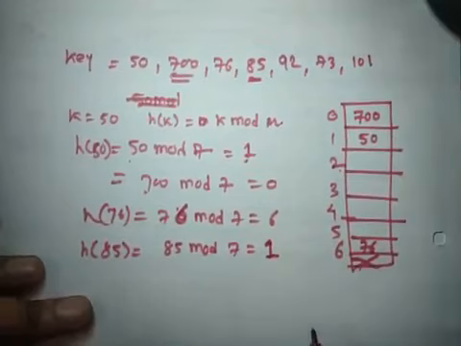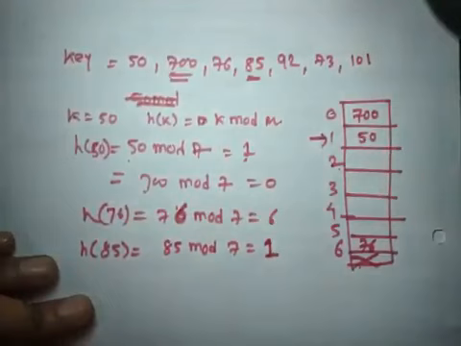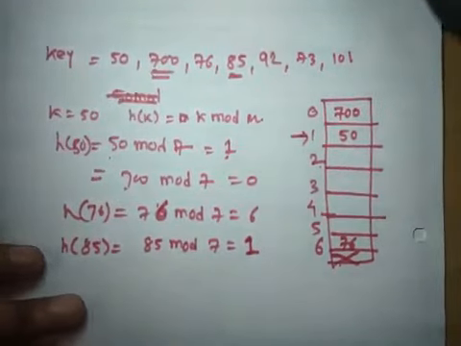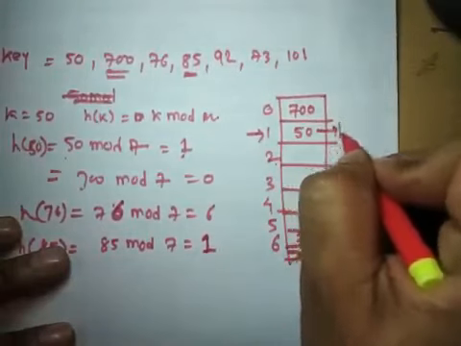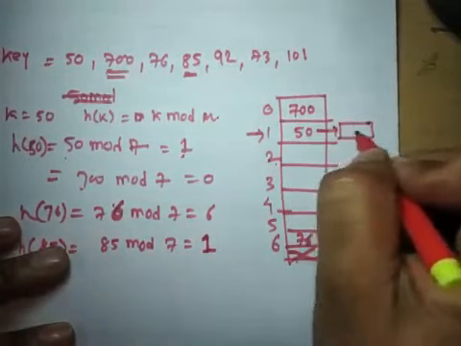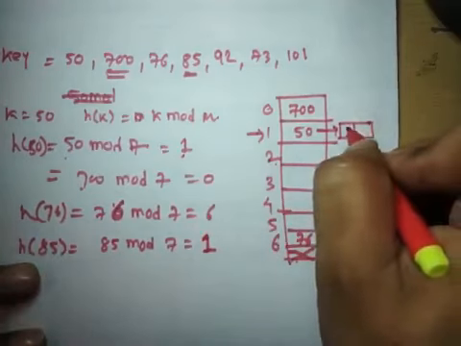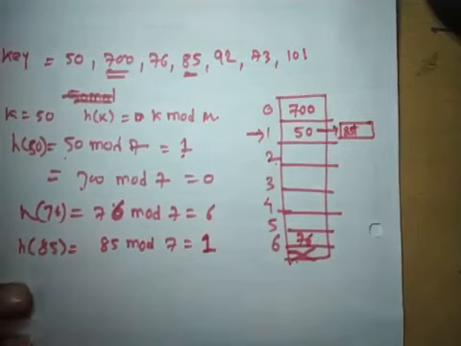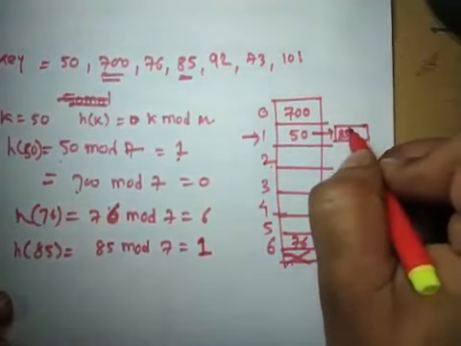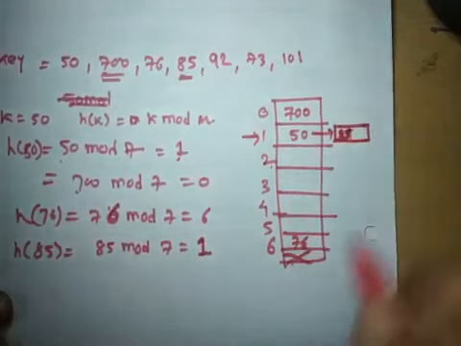85 mod 7 will produce 1, but at index location 1 we already have the element 50. So in chaining, we generate a link for the next element, and we put that element there. So 85 will be put at the new link.